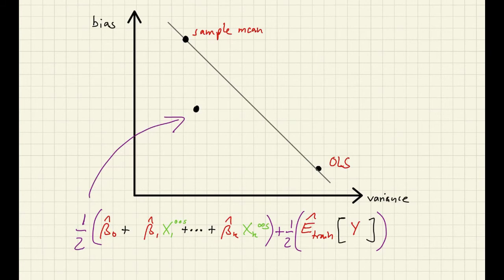What does that mean? Well, recall that all the predictive models on this 45-degree line have the same expected prediction error. Now models that are on the right hand side of this line have either a larger variance or a larger bias or both, so they have a higher expected prediction error. Similarly, all the models here have a lower expected prediction error.